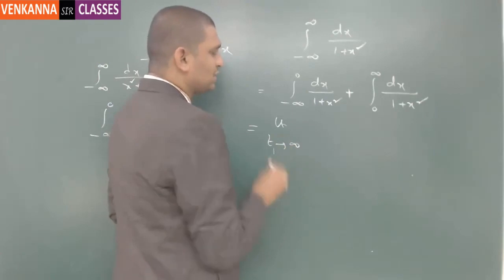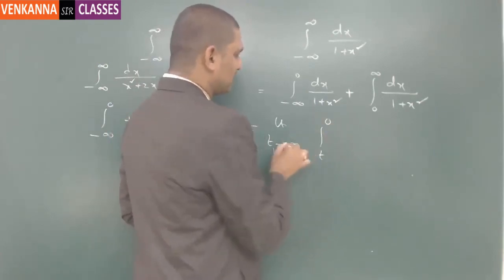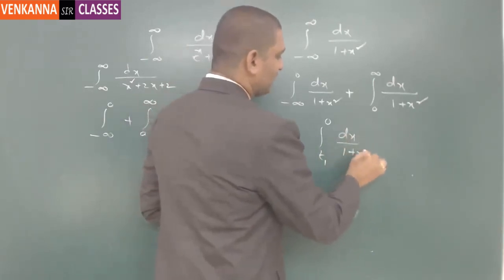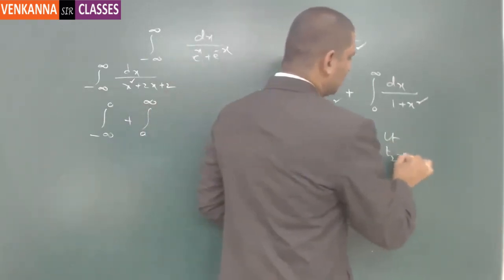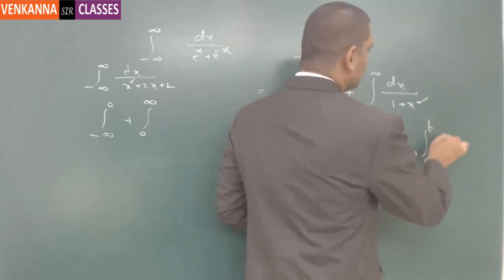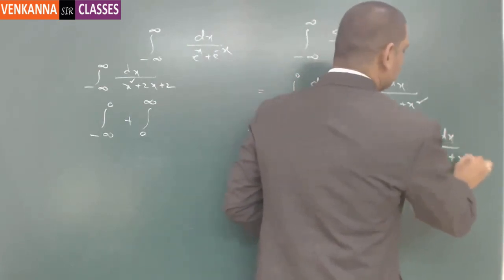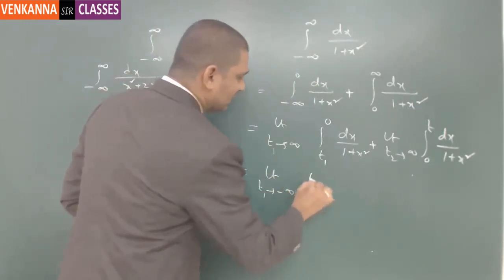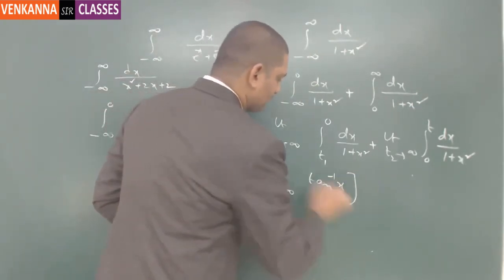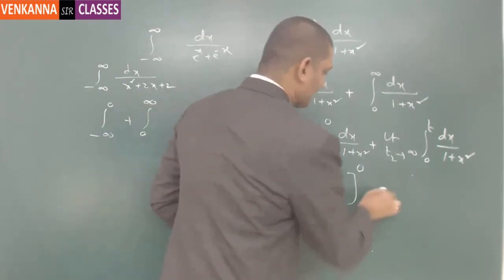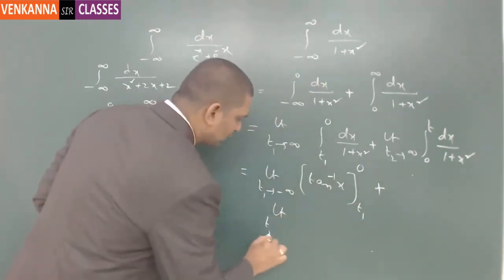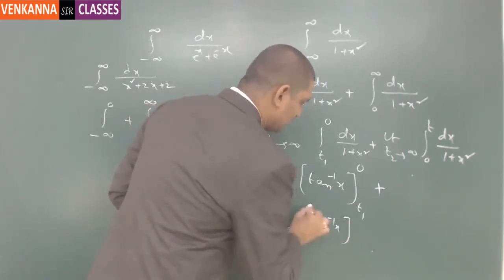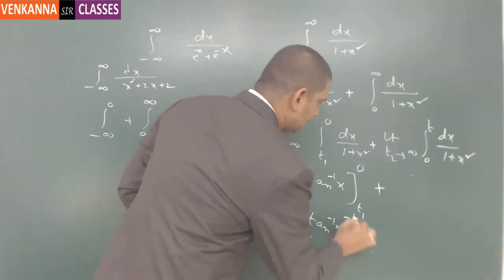So limit t1 tends to minus infinity, integral t1 to 0 dx by 1 plus x square, plus limit t2 tends to infinity, integral 0 to t2 dx by 1 plus x square. That gives limit t1 tends to minus infinity of tan inverse x between t1 to 0, plus limit t2 tends to infinity of tan inverse x between 0 to t2.